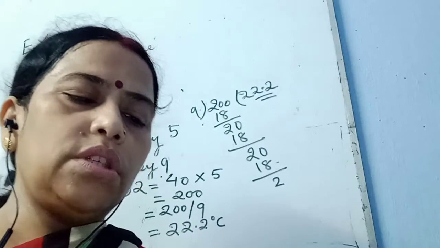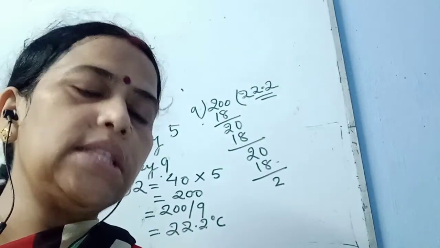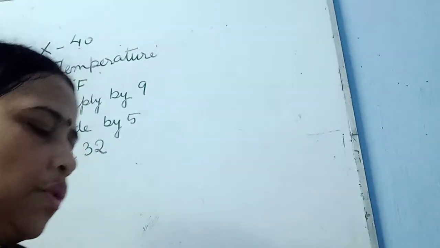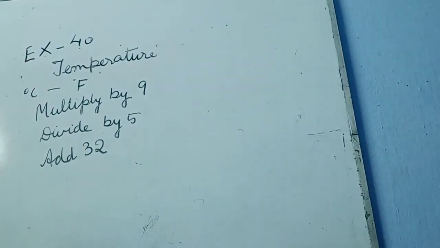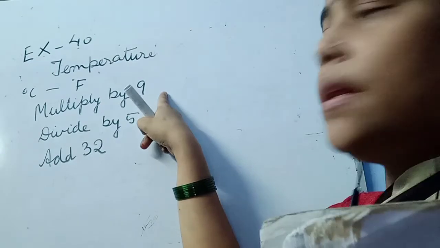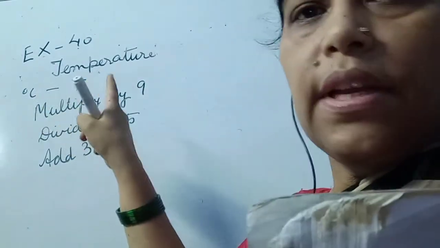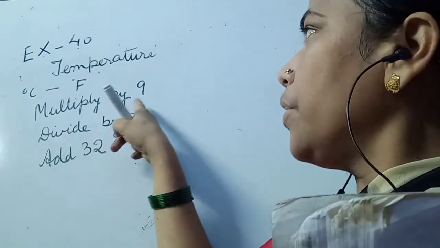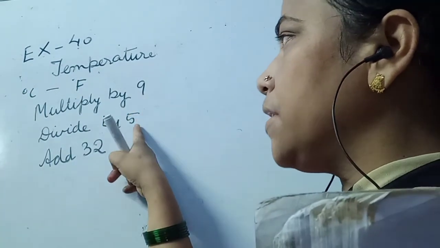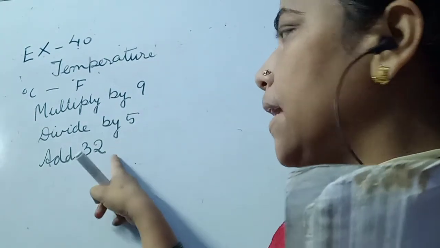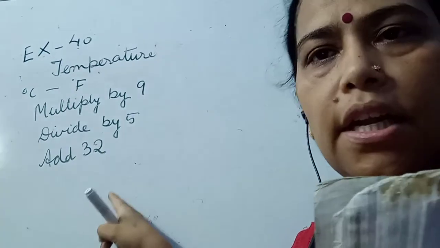Now we are going to see how to convert the Celsius scale to Fahrenheit scale. To convert degree Celsius to degree Fahrenheit, the steps we have to follow are: multiply the temperature which you have in degree Celsius by 9, then divide that product by 5, and then add 32 to that.